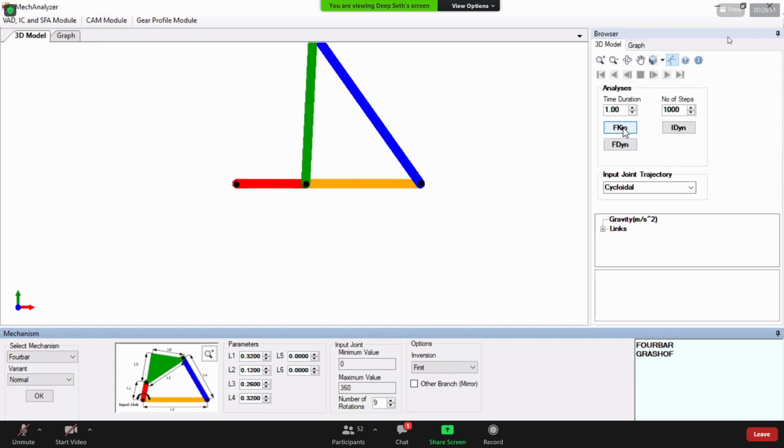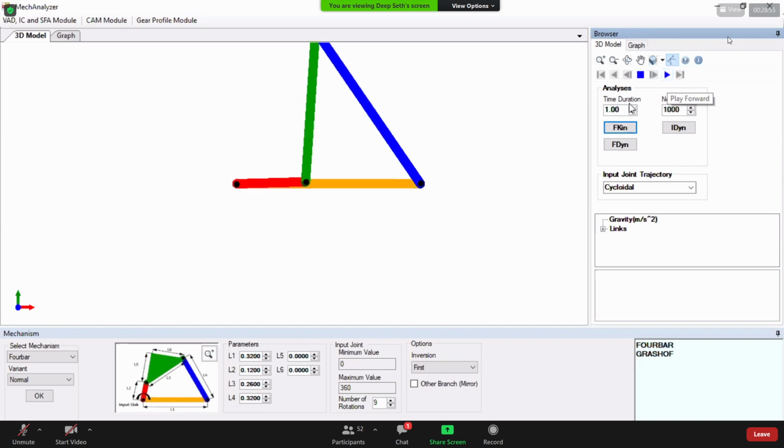Let's see what kind of motion you're getting here.